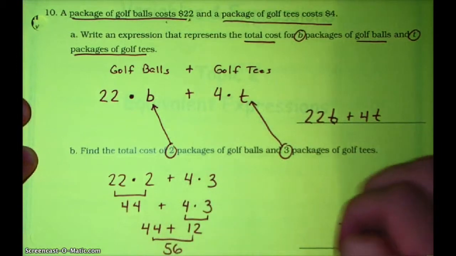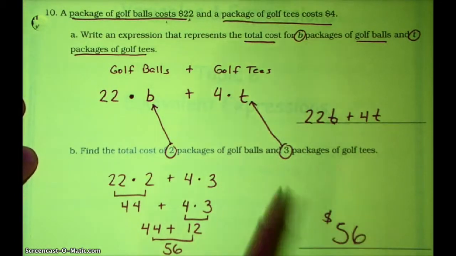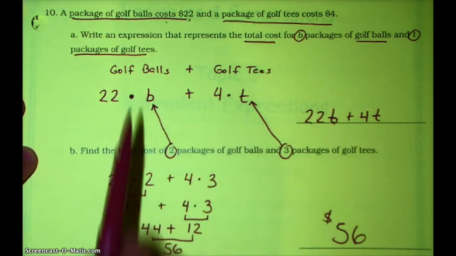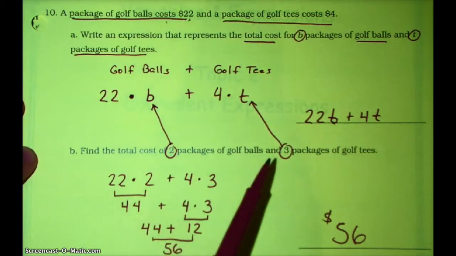And so it'll be 56 total dollars for 2 packages of golf balls and 3 packages of golf tees. And you'll notice I can get that answer by plugging those numbers in for the variables that were once unknown, but now are known because part B gave me the numbers 2 and 3 to plug in.